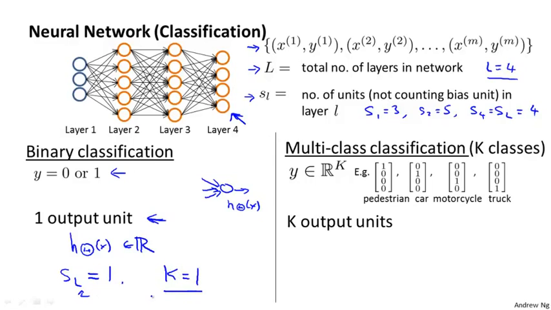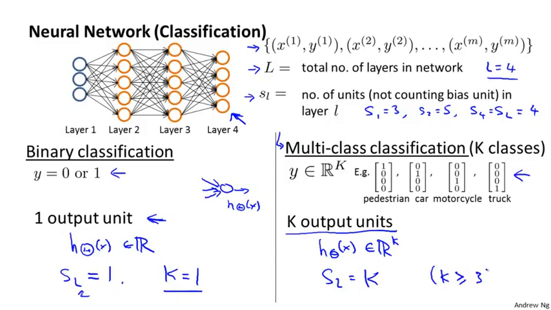The second type of classification problem we'll consider will be the multi-class classification problem, where we may have K distinct classes. So our early example had this representation for y if we had 4 classes, and in this case we would have capital K output units, and our hypothesis will output vectors that are K-dimensional, and the number of output units will be equal to K. And usually we would have K greater than or equal to 3 in this case, because if we had 2 classes, then we don't need to use the one versus all method.